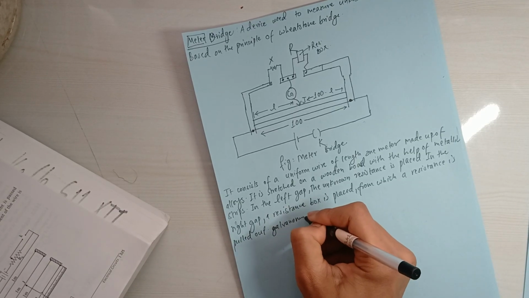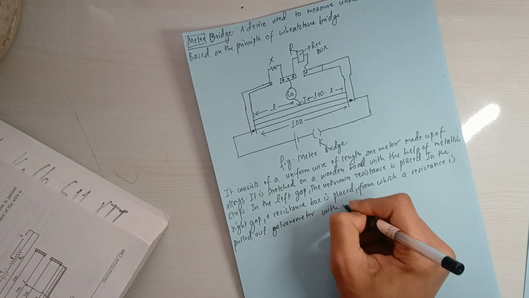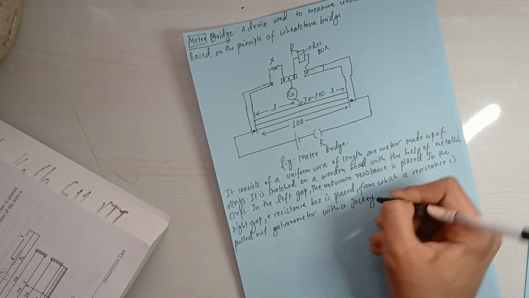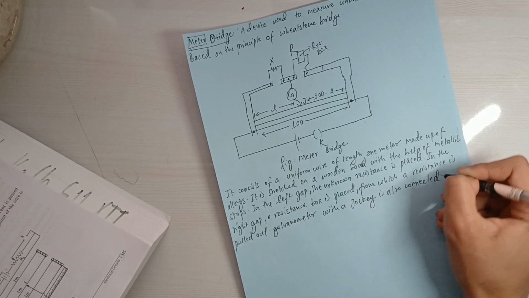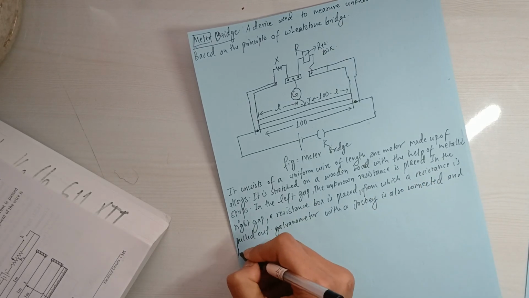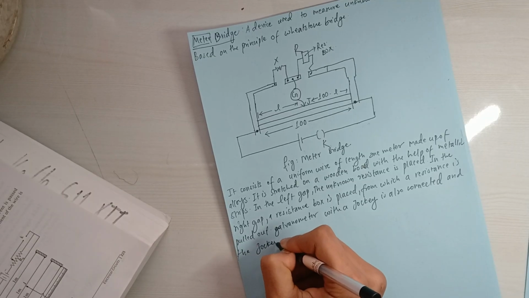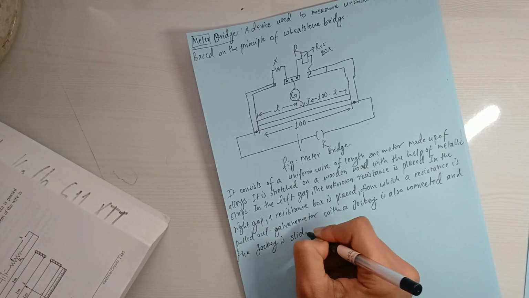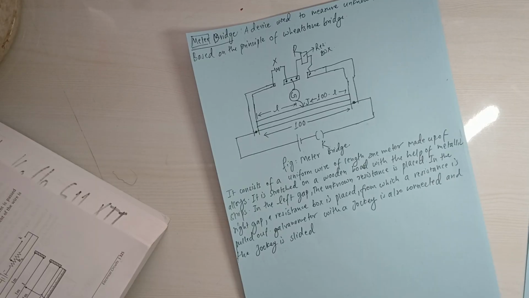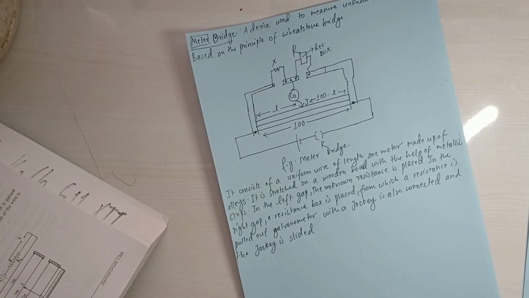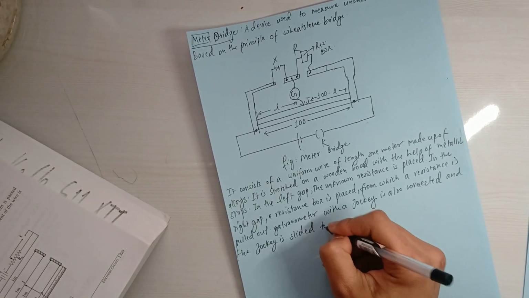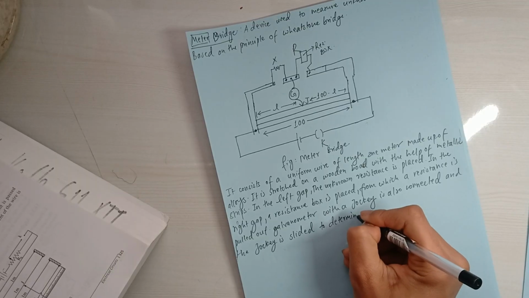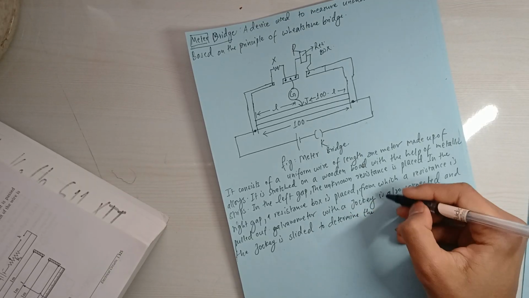A galvanometer with a jockey is also connected, and the jockey is slid to determine the resistance.